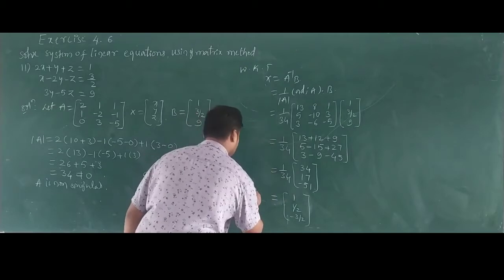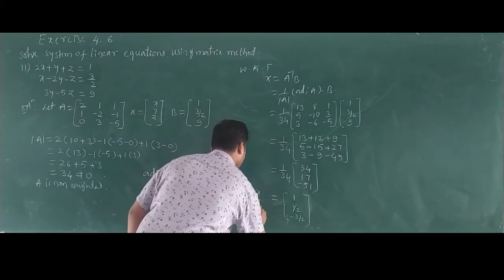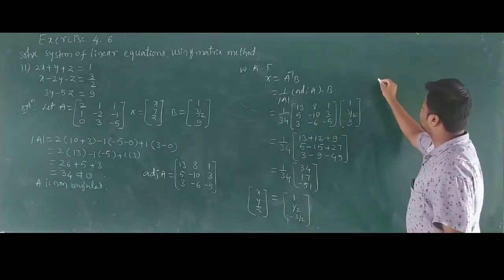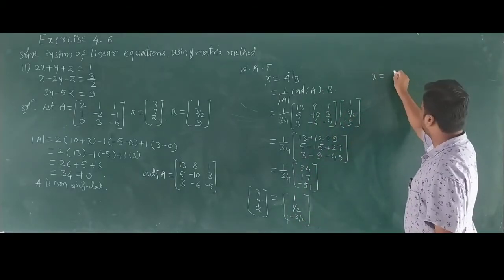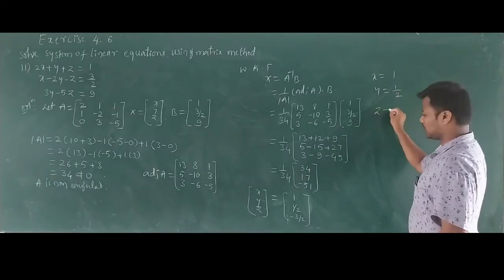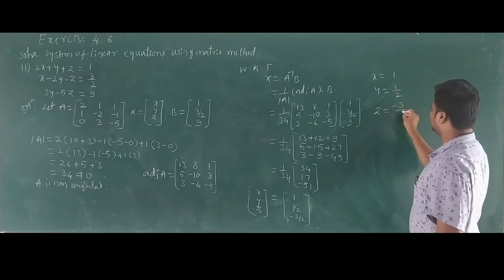So now x, y, z: this implies x equals 1, y equals 1 by 2, z equals minus 3 by 2.